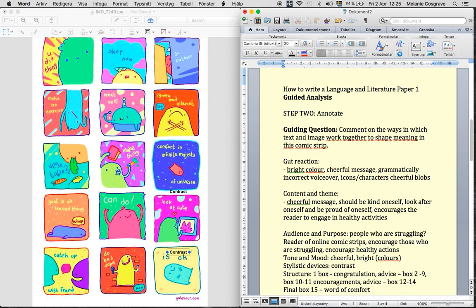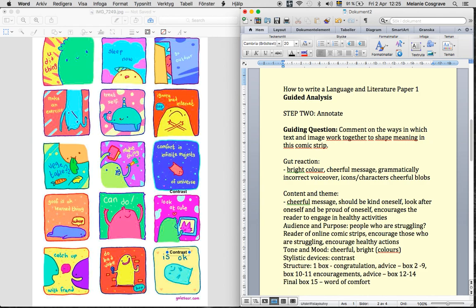So these are some preliminary things about audience and purpose, tone and mood, content and theme, structure, and stylistic devices. Now, let's have a look at the guiding question, and let's annotate this text specifically with the guiding question in mind. So comment on the ways in which text and image work together to shape meaning in this comic strip.